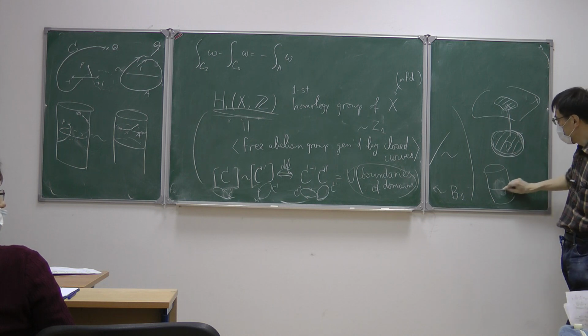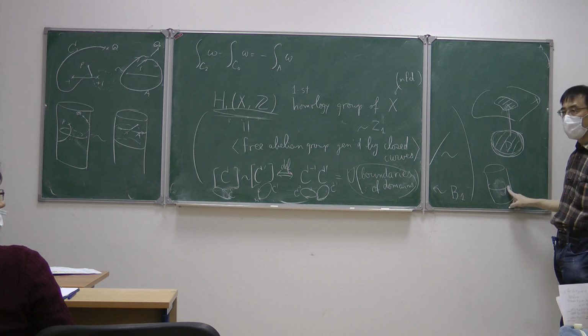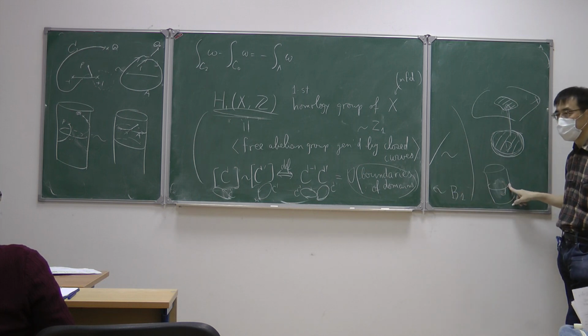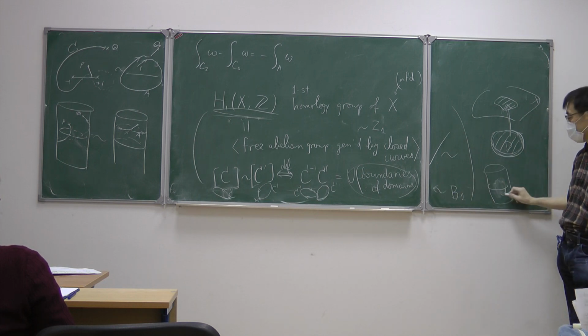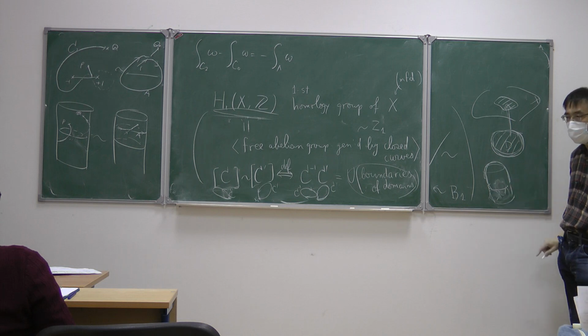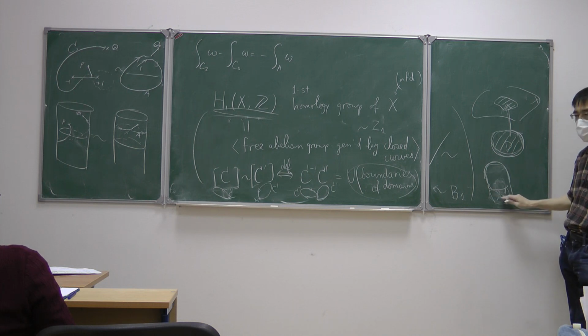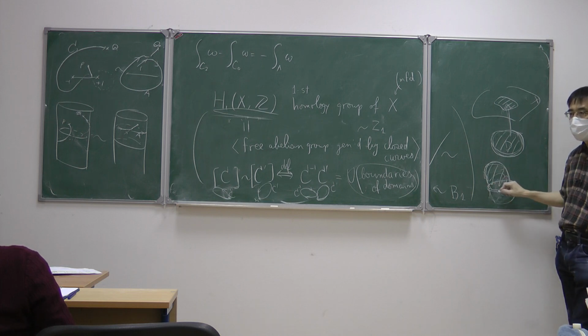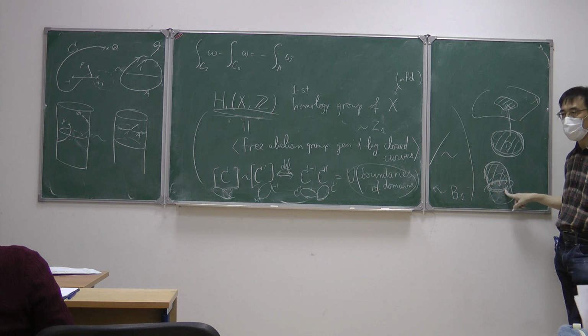But such a circle cannot be a boundary or union of boundaries of disks. If this is something like a sphere or whatever, then we can take such a disk and this circle is a boundary.